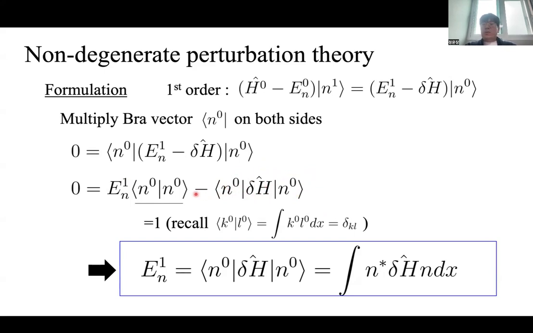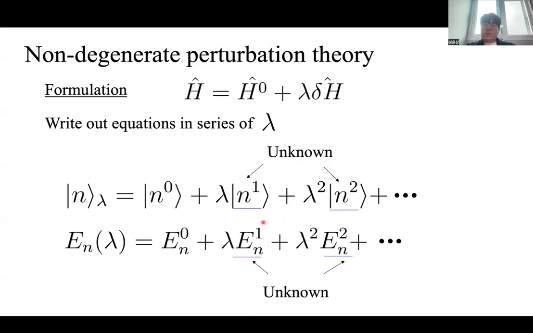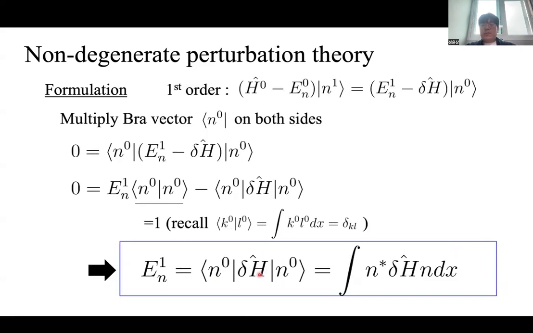But this is interesting because what this equation says is that if I then take this to the left side here, this is the result that I get. Look at what it says. It says my first order correction. Remember what this term was. This was the first order energy correction here, which came from this equation here. My first order energy correction is equal to the expectation value of the correction to the Hamiltonian.